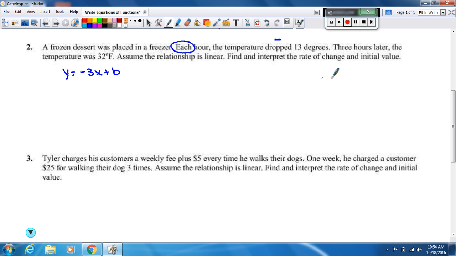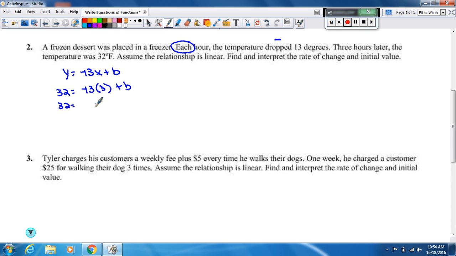Okay, so now we keep reading. 3 hours later, the temperature was 32. So 32 equals negative 13 times 3, because 3 hours later, plus b.